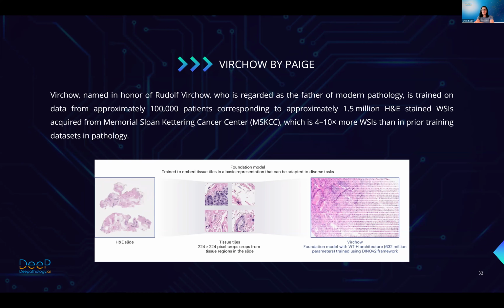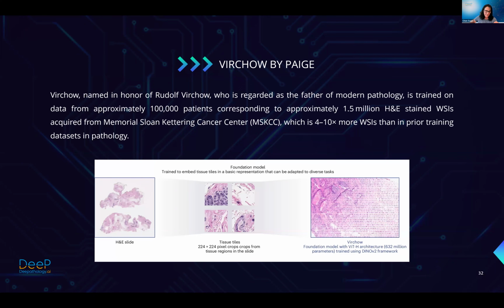This was in collaboration with Memorial Sloan Kettering, to create a foundation model from which you can create downstream applications. Not surprisingly, they were using DINOv2.